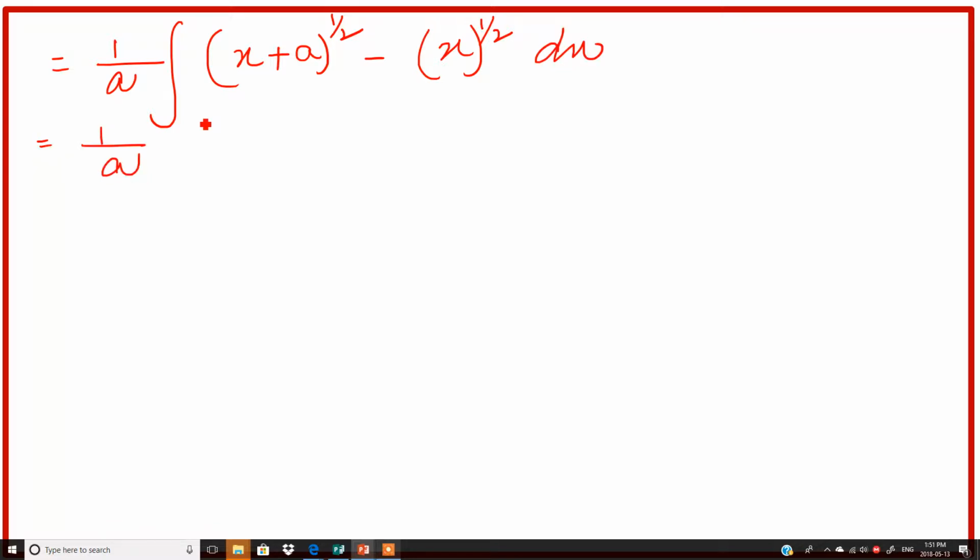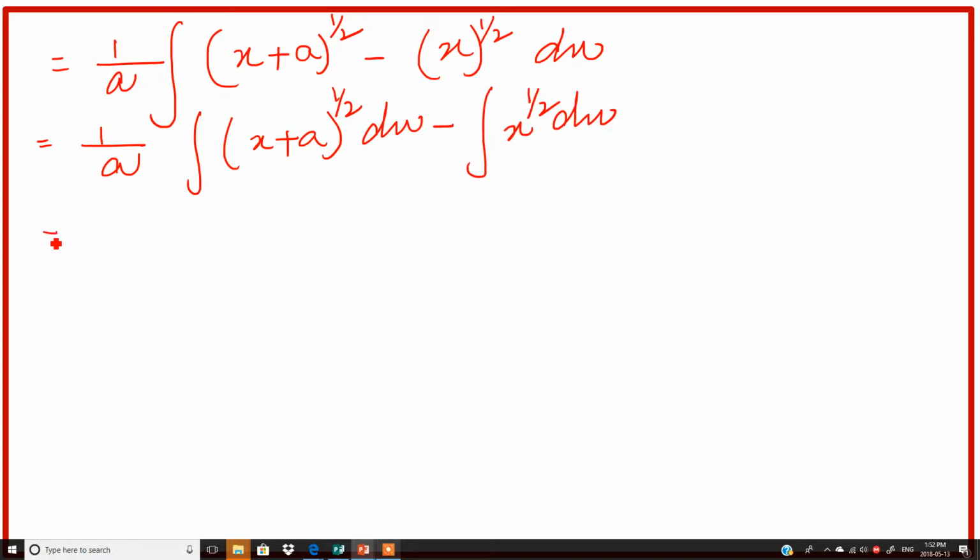Now we have two terms, so we will do separate integration, and I will make a bracket here. It means that 1 over a you have to multiply with this and this as well. So 1 over a, and here now we will start integration.